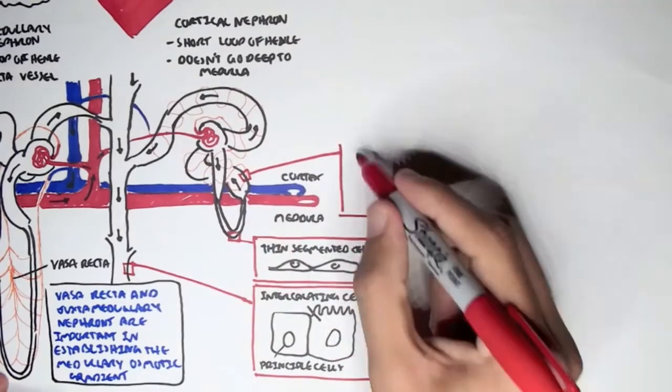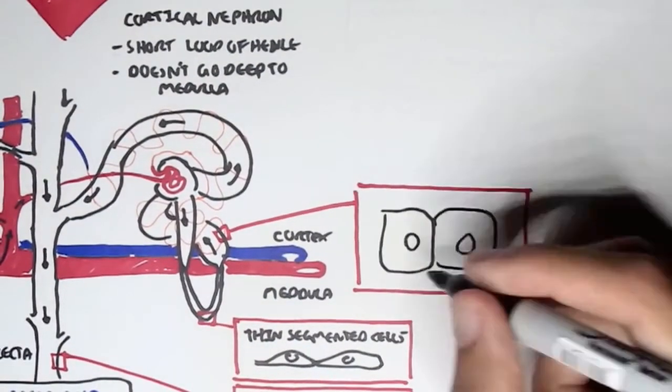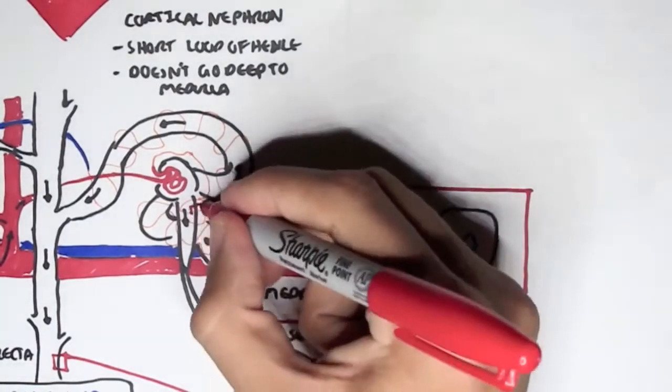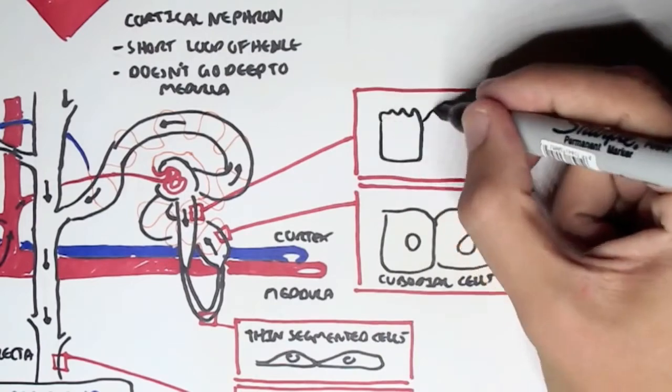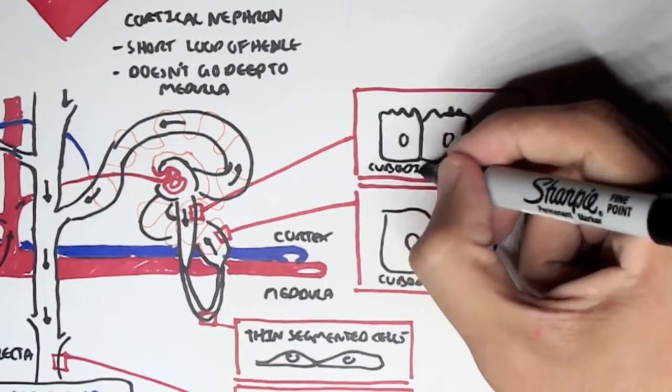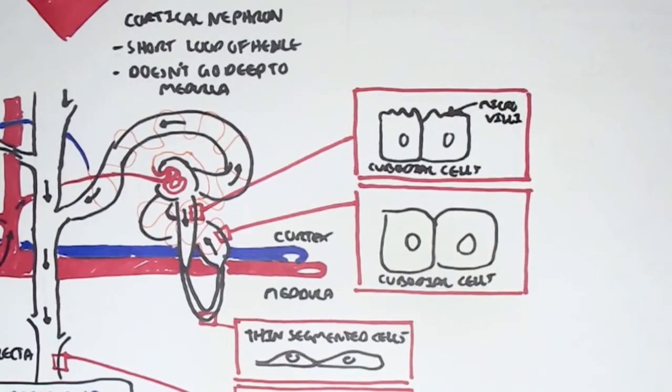And then let's go to the distal convoluted tubules, which consist of just your regular cuboidal cells, and this can also perform reabsorption and secretion. And then we have the proximal convoluted tubule cells, which are also cuboidal cells. But what's unique about them is that they have microvilli on their surface, and microvilli are like finger-like projections which help in reabsorption, and that's what they're important for.